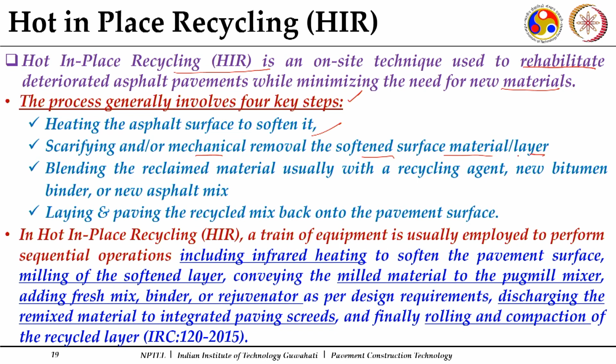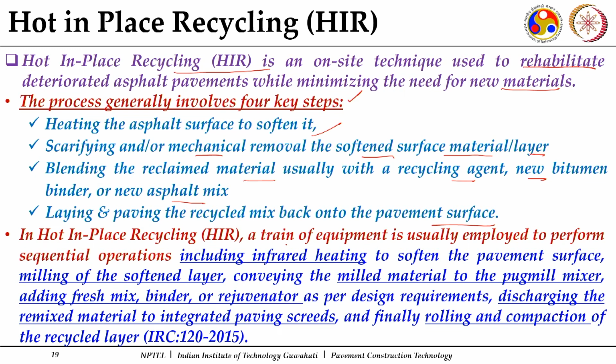Now this softened material, if it is short of binder, short of a particular size of aggregate, or the binder is highly aged, then depending upon that we can add virgin aggregate, virgin binder, or even a virgin mix. So blending with reclaimed material, usually with a recycling agent, new binder, or even a new asphalt mix, and then followed by laying and paving the recycled mix back onto the pavement surface. So all this needs to be done on site itself.